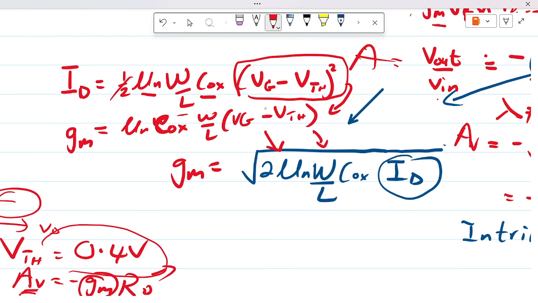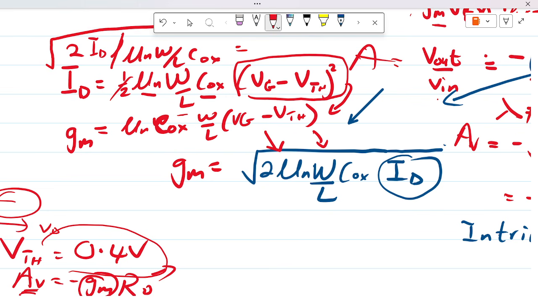So if I'm making the overdrive voltage the subject, then it's going to be ID times 2 divided by mu n Cox W over L. Okay, and I square root everything.